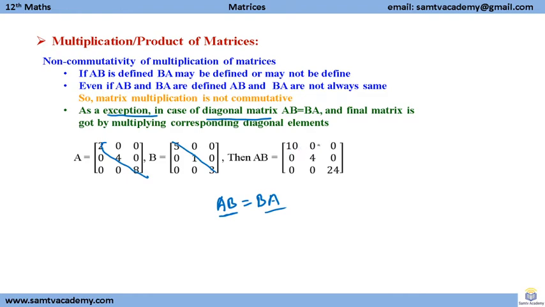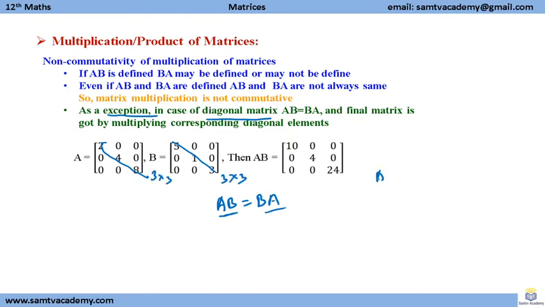We will get the respective matrix. So we can see here 2, 4, 8, 5, 1, 3, its order is 3 by 3.